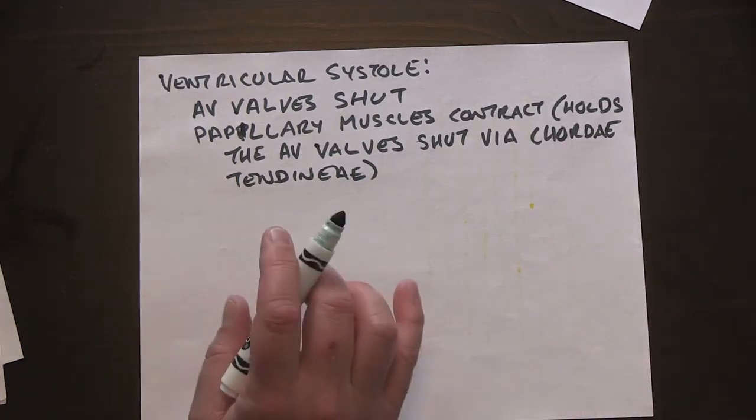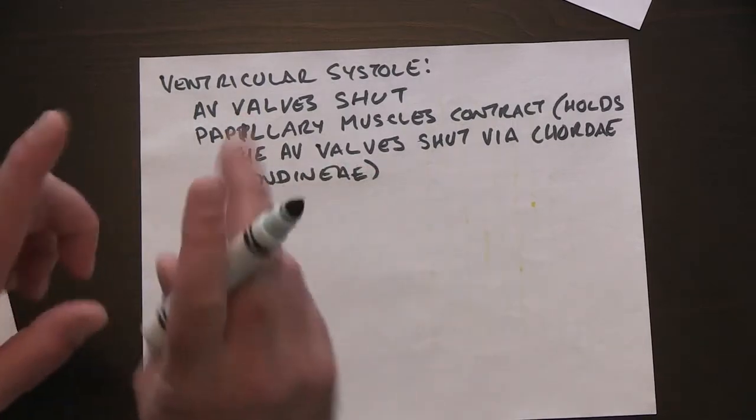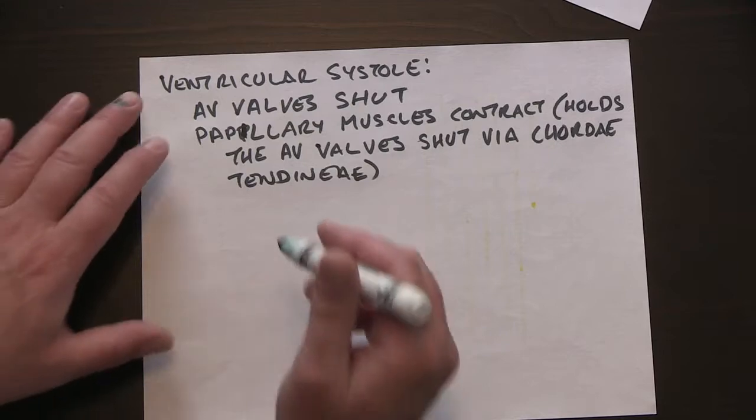And then the blood is pushed out through either the pulmonary circuit or the systemic circuit.